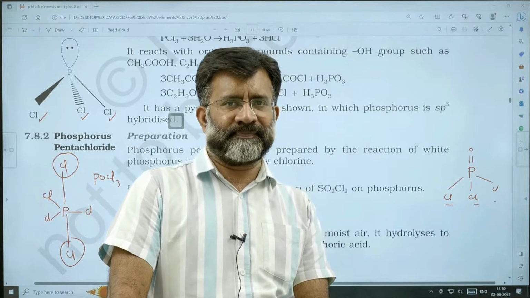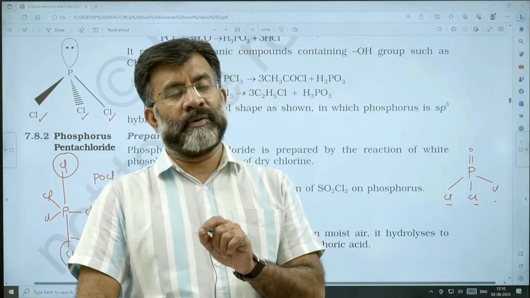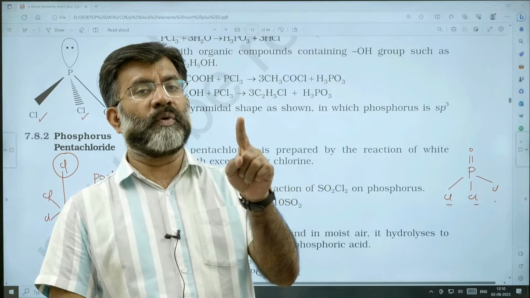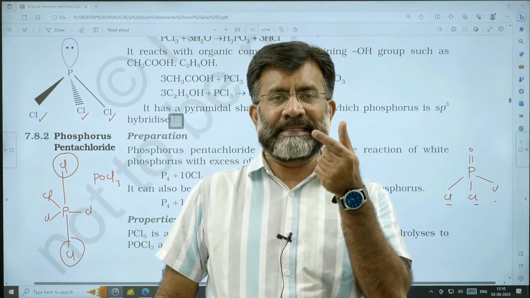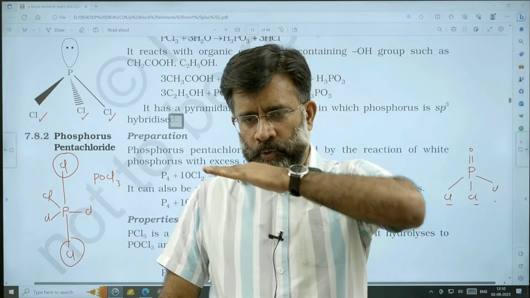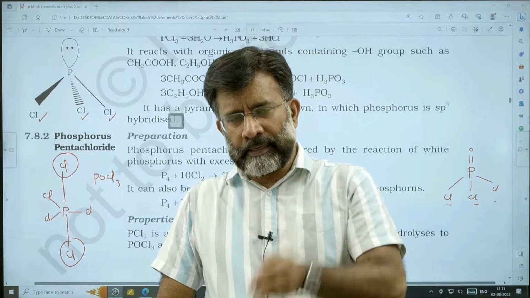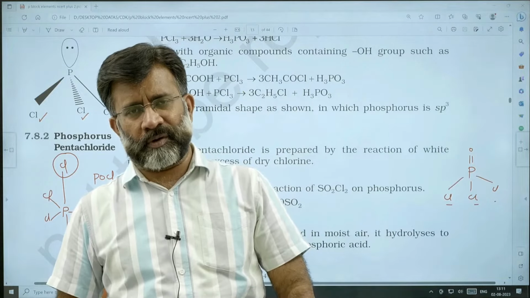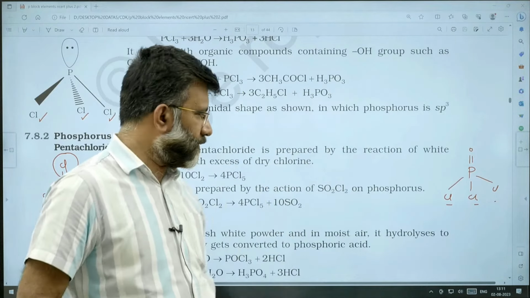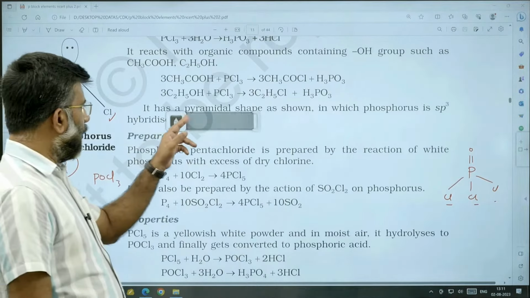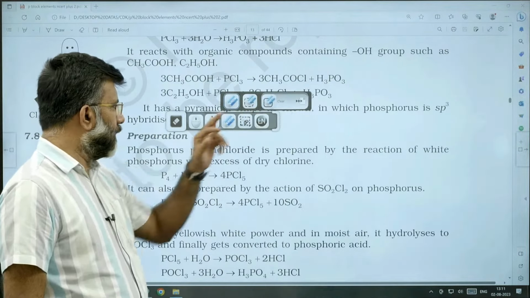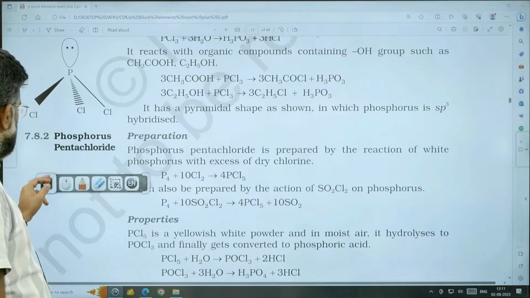So in PCl5, there are non-equivalent bonds. 2 axial bonds are more elongated, slightly weaker compared to 3 planar bonds. That is the reason why the hydrolysis occurs in 2 different steps. That type of comparison and relative study is needed when you handle PCl3, PCl5.